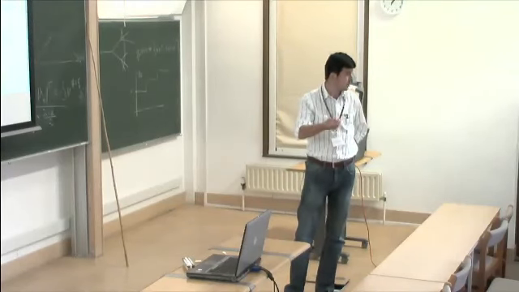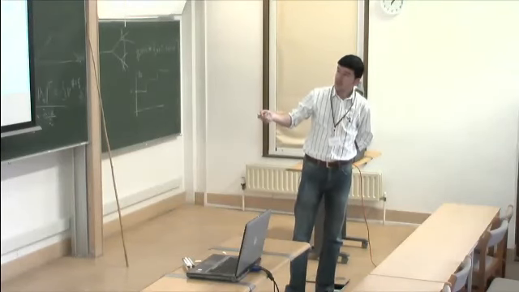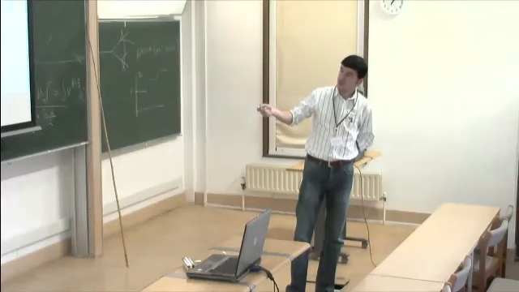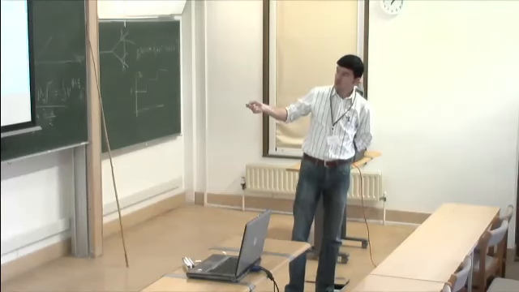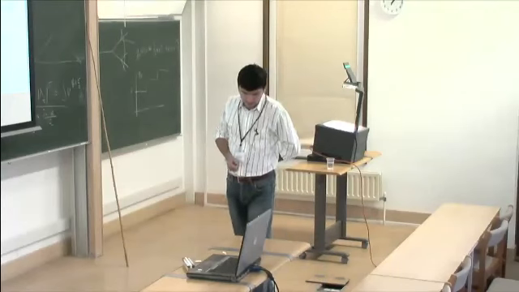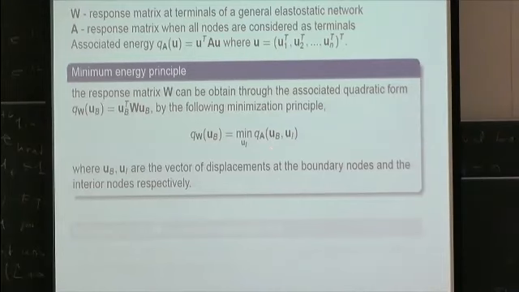That will give you a relation which we call the response matrix, and you can view this response matrix W at the terminals as the minimum possible value of the energy when all the nodes are terminals. So you minimize over all possible interior displacements.